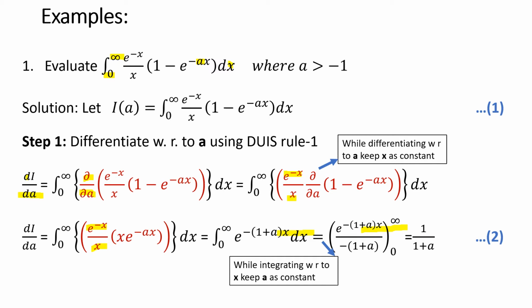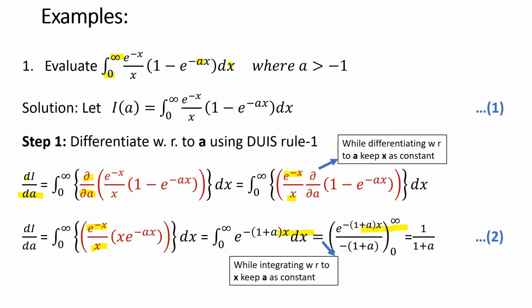Now if we put infinity as the limit, then e raised to minus infinity will be 0, because a is greater than minus 1, so 1 plus a is positive. Then we put the lower limit 0, so e raised to 0 will be 1, and the lower limit is subtracted with a negative sign, so minus minus plus, and we get 1 upon 1 plus a.